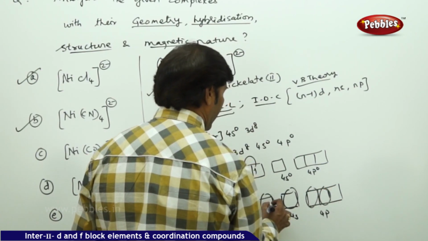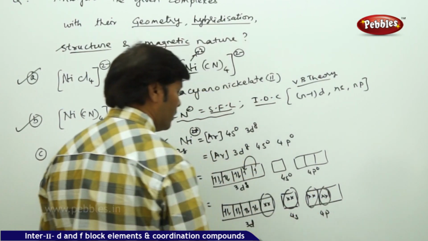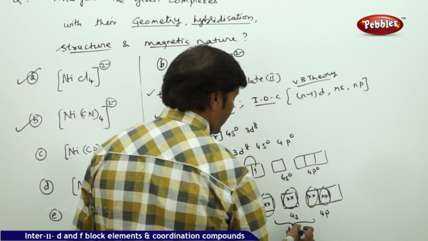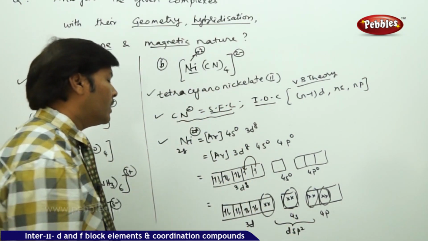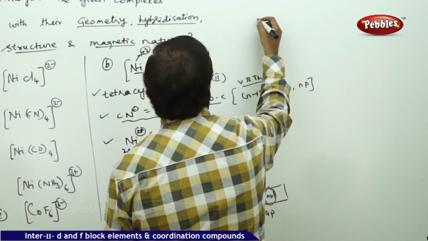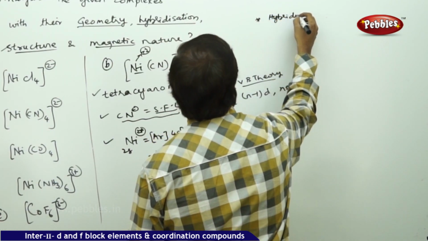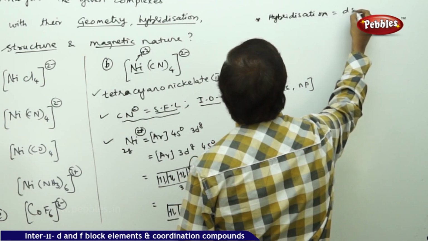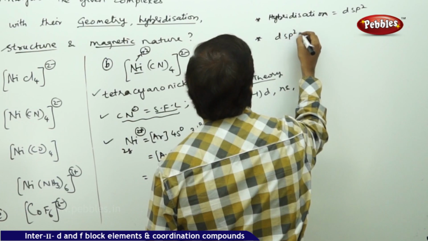So here pairing is done and donation takes place. So we can take this as dsp2 hybridization in the case of the tetracyanonickelate complex. So now we can come to the conclusion: hybridization is equal to dsp2, an inner orbital complex. dsp2 means it is square planar.